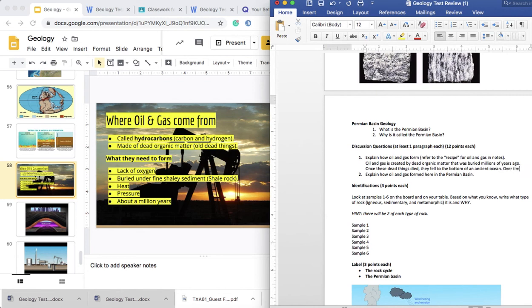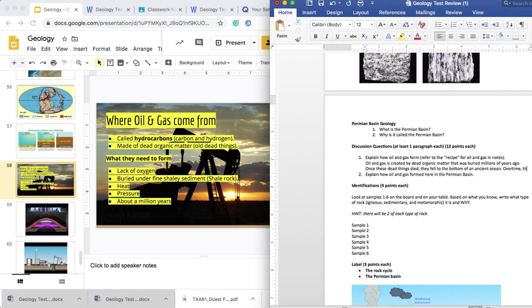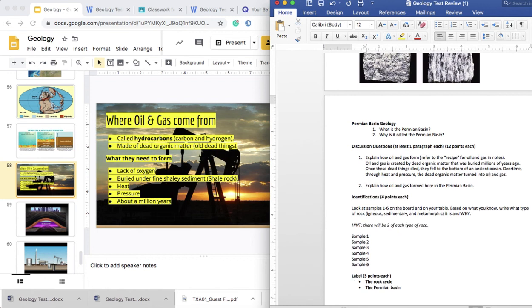Over time, through heat and pressure, the dead organic matter turned into oil and gas. All right, and there is your response. Okay, so I'm going to highlight this in yellow so you can see it better. About 3 sentences, and of course if you want to expound on that, you're welcome to.